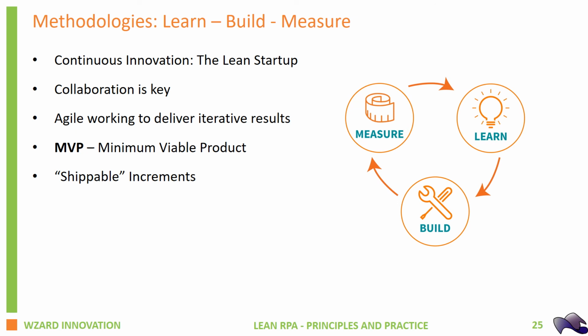The learn phase is perhaps a little bit more creative in terms of identifying what is value to the customer. The build phase is perhaps a little faster because of the tools used. And the measure phase is very similar in understanding what impact is being achieved and then feeding that back in to your lessons learned and what you build in the next iteration.